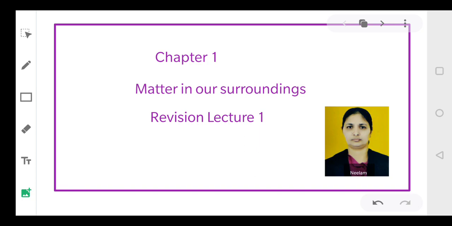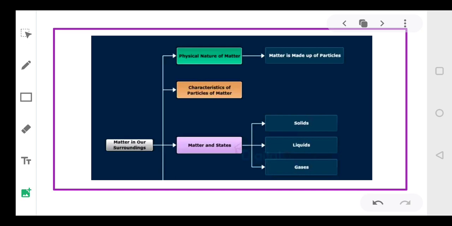Let's start. We'll be talking about a brief outline. The name of the chapter is Matter in Our Surroundings. It talks about the physical nature of matter, that matter is made up of tiny particles, then the characteristics of the particles, and the 3 states of matter: solid, liquid and gas.